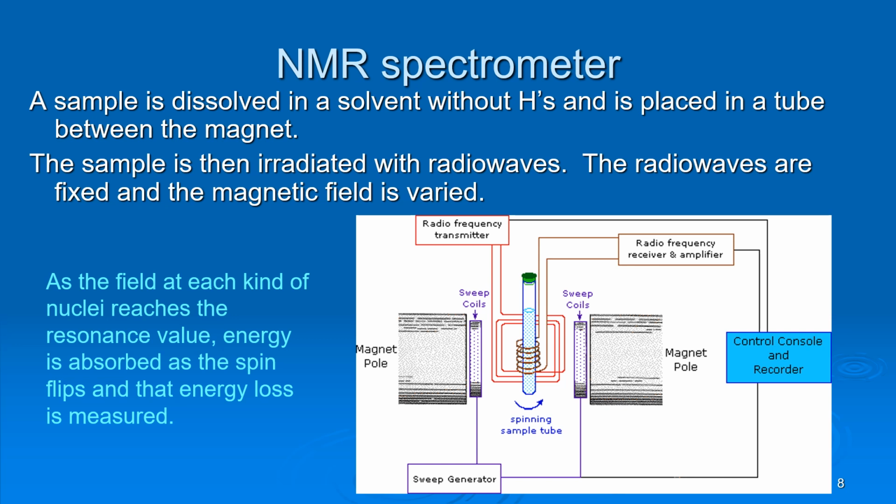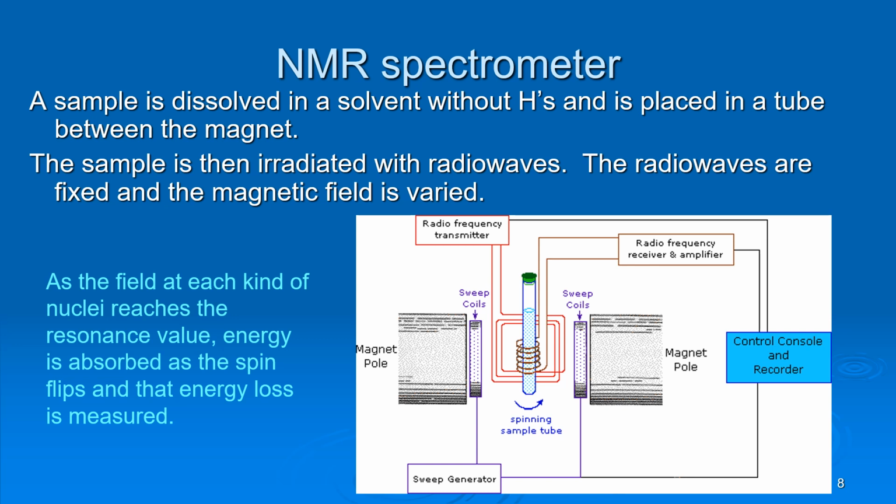And then this is the radio frequency transmitter that will scan through the sample, and then you receive the results on the other end. So here's the magnet, so it's down in the magnet, and these are the radio waves that it is irradiated with. That's a great word.